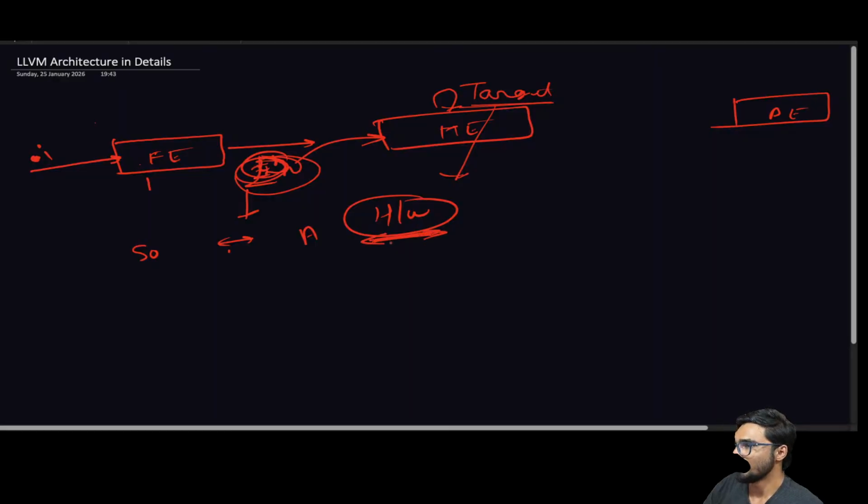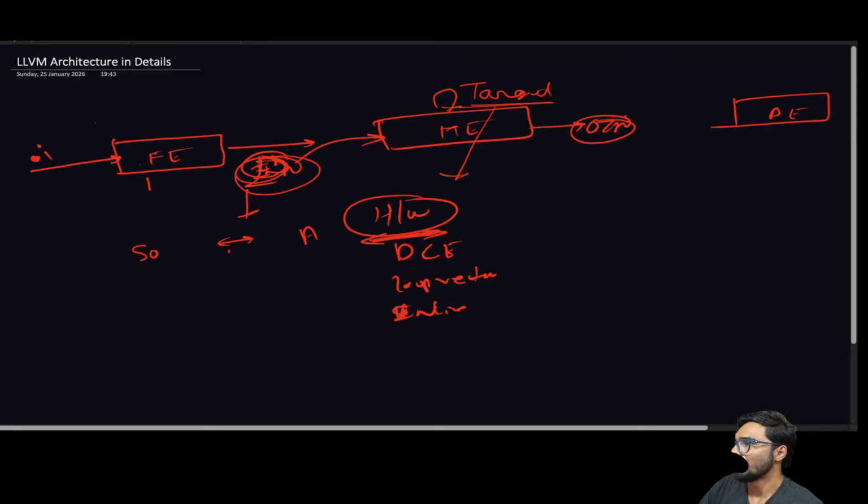It's called target independent, and it runs the same for all hardware. This type of optimization includes dead code elimination, loop vectorization, inlining, etc. It will generate an optimized IR.